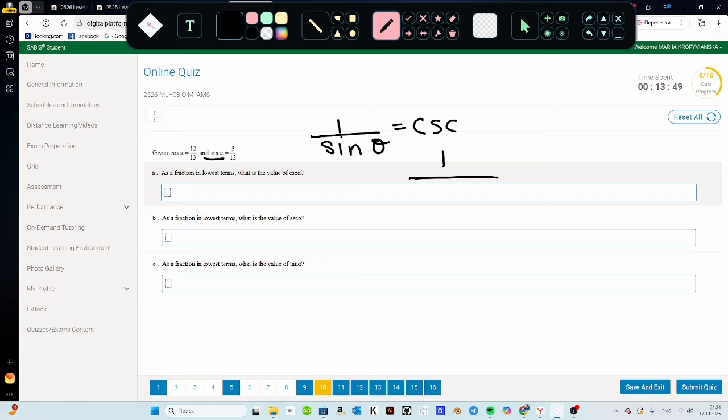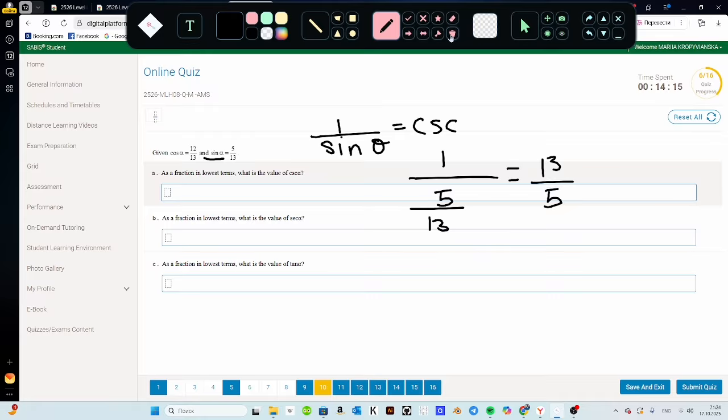So we do 1 over 5 over 13. Dividing 1 over 5 over 13 just gives us the vice versa thing, 13 over 5.